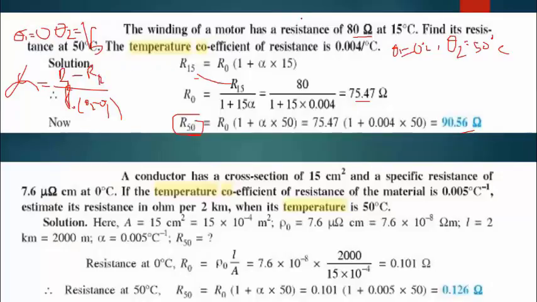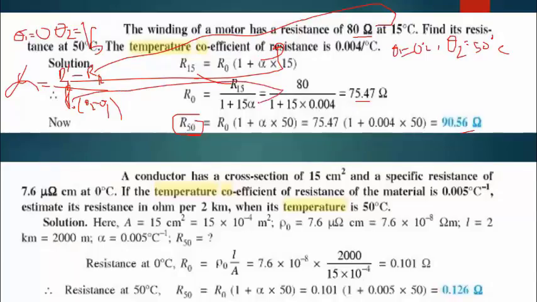Since we are done with the first part, if we want to use this formula, then we can assume that R1 is at 15 degrees, and R2 is at 50. And we have R naught there. So theta 2 is 50, and theta 1 is 15.